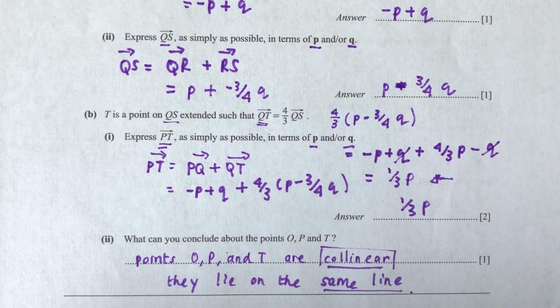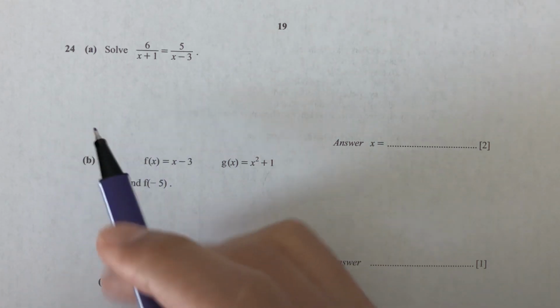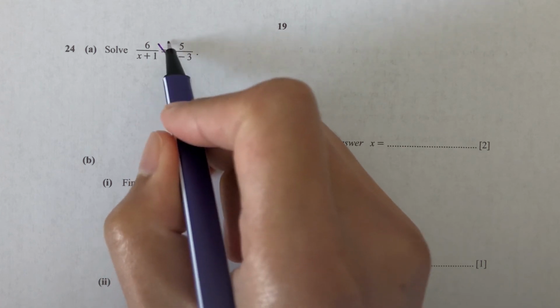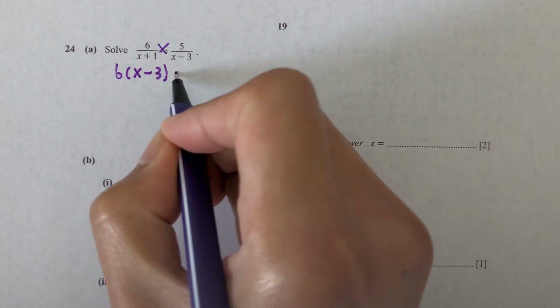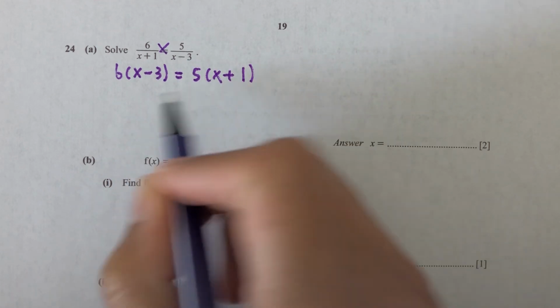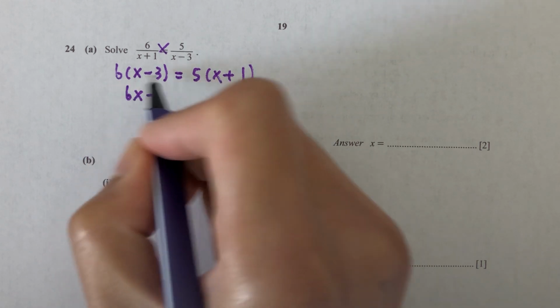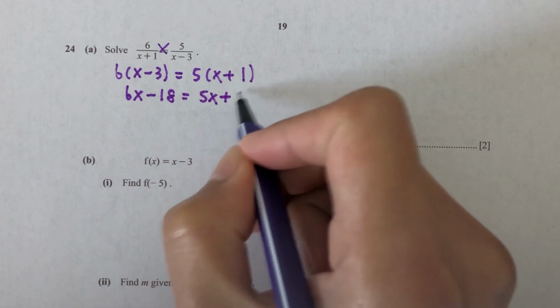And question number 24, part A, solve this equation. When you see fractions equal to fractions, we have to cross multiply. So 6 times x minus 3 equals 5 times x plus 1. Now we expand the brackets: 6x minus 18 equals 5x plus 5.